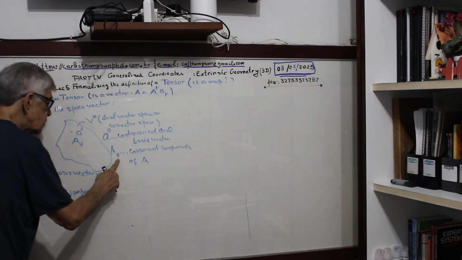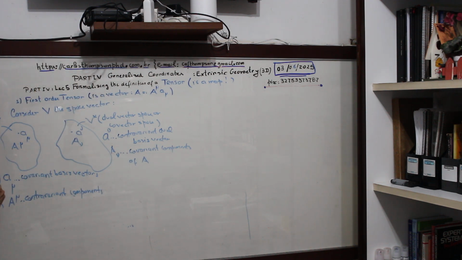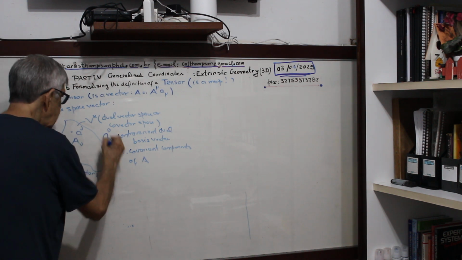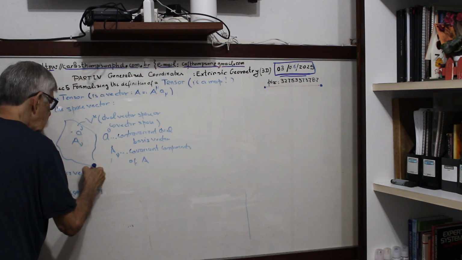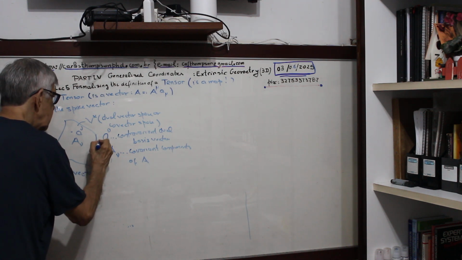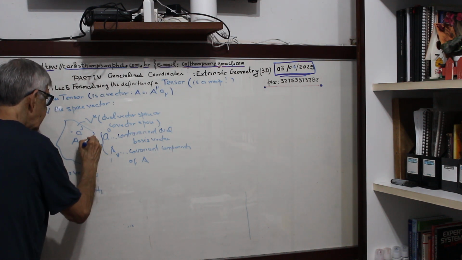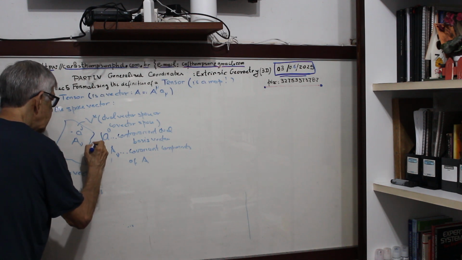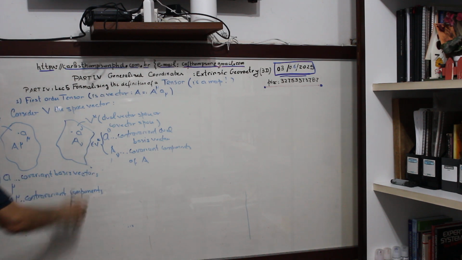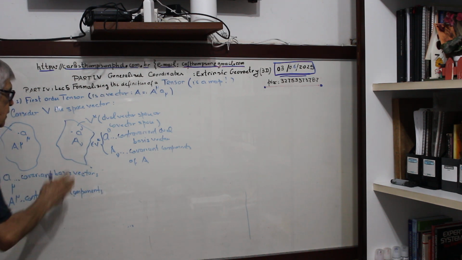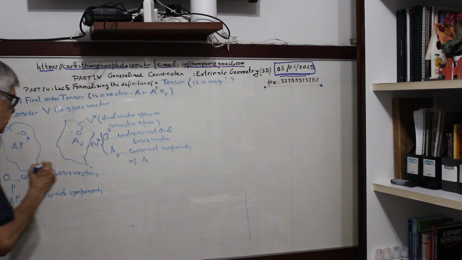This lower index is the covariant component of A. So they belong to the dual vector space. It's very important.